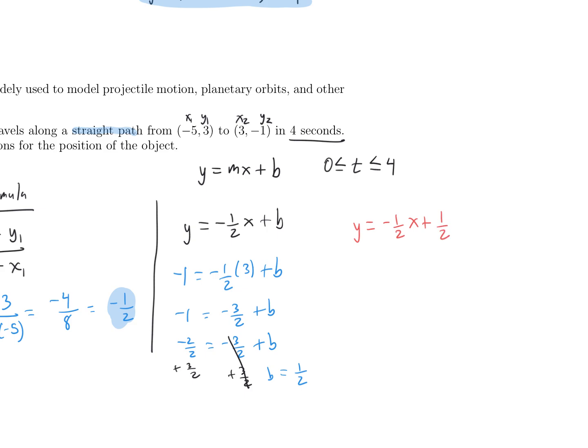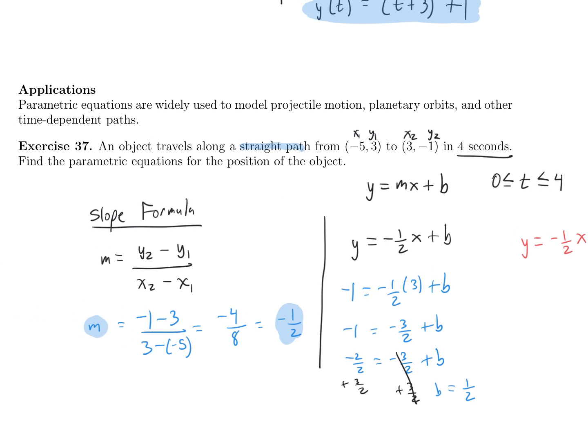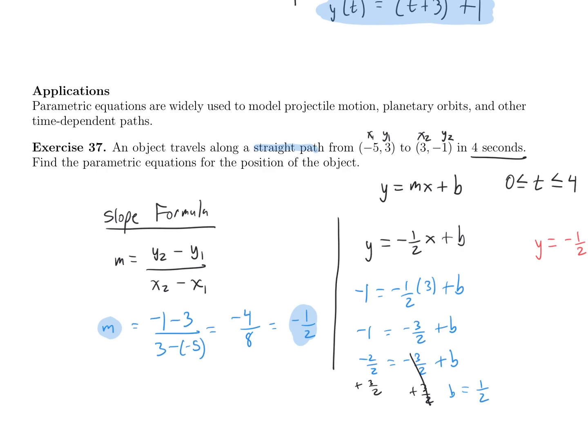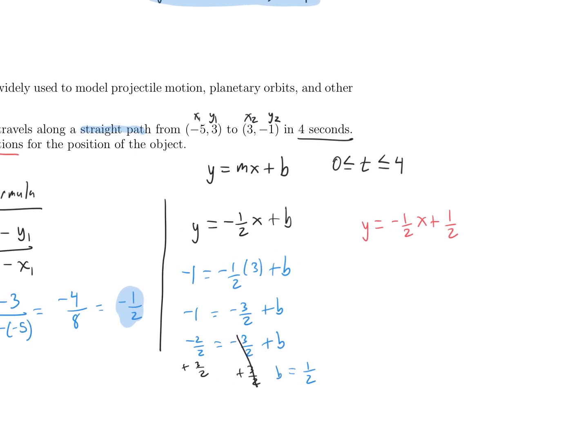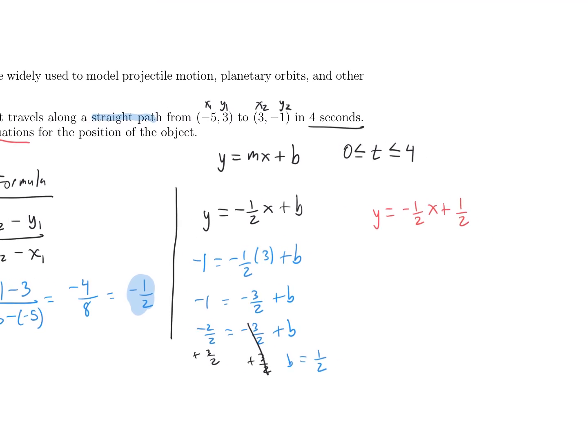Now we have to parameterize it, because remember it says here, find the parametric equations for the position of the object. So we found the Cartesian equation, but that's not what they want. They want the parametric equations. So we just do what we did in the previous example.